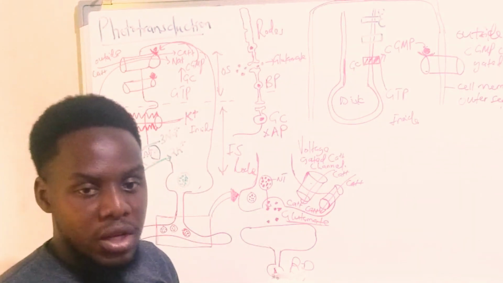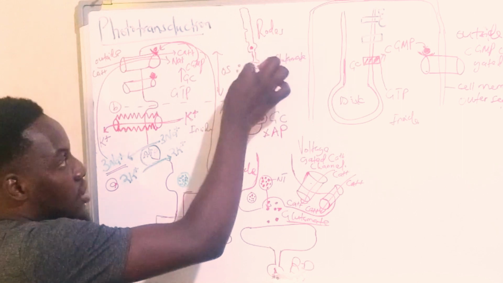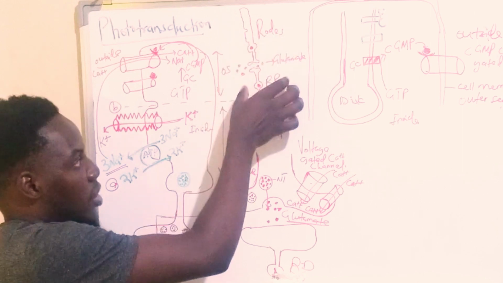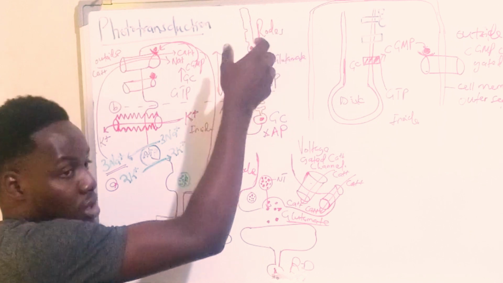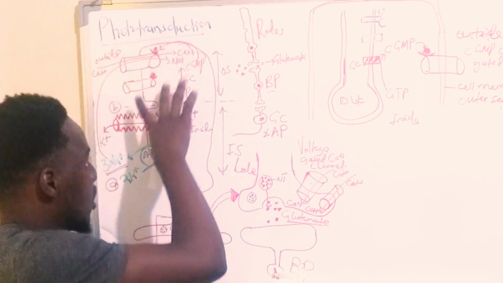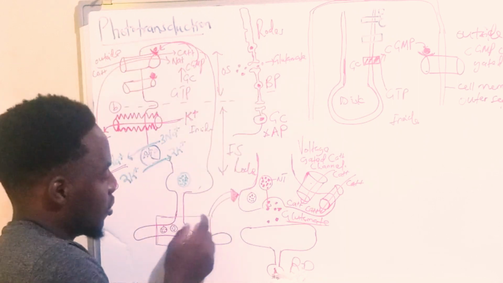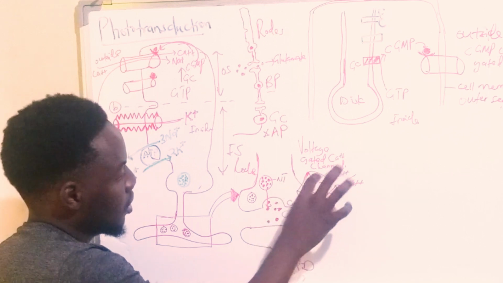And due to that depolarization, there's a synapse here between the rods and the bipolar cells. This receptor potential generated by this whole scenario opens the voltage-gated calcium channels on the synaptic terminal.